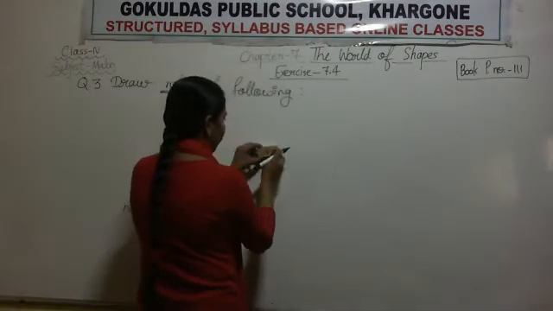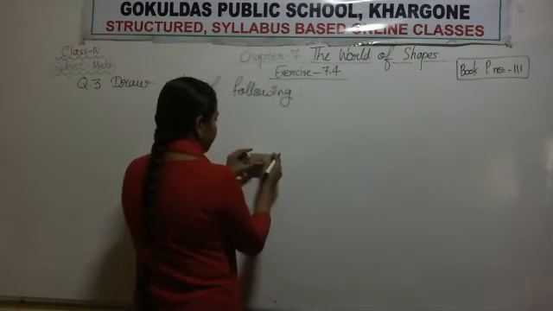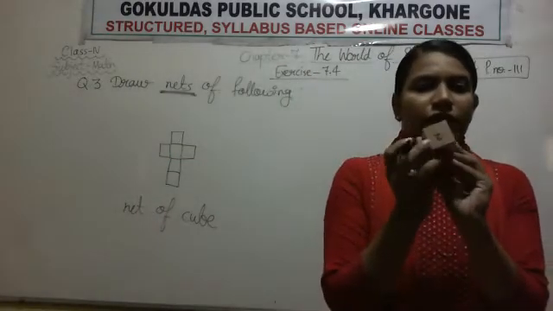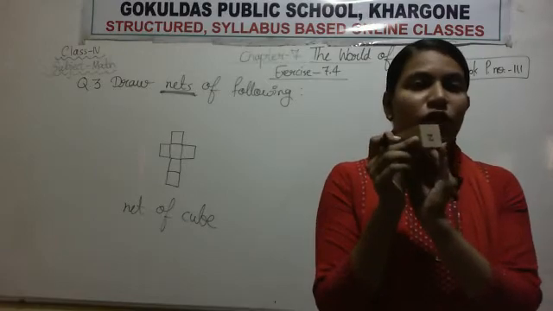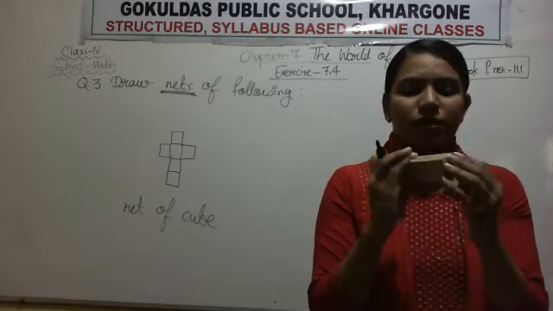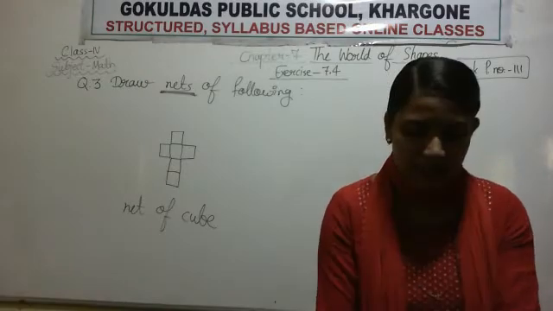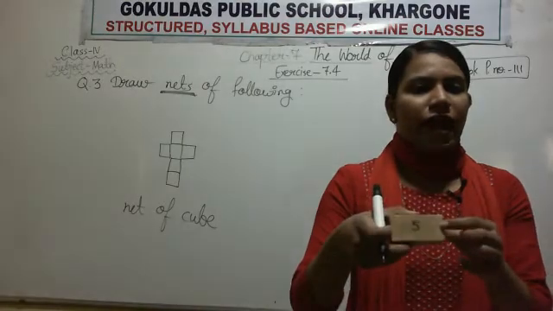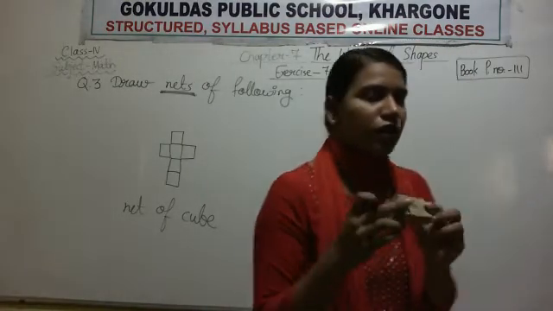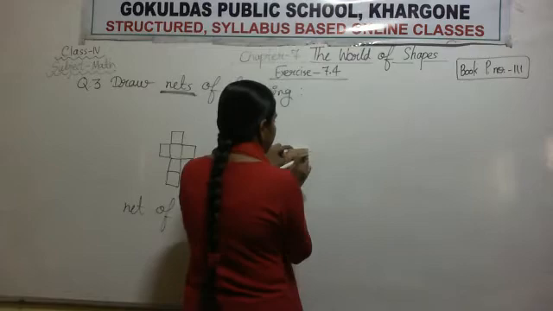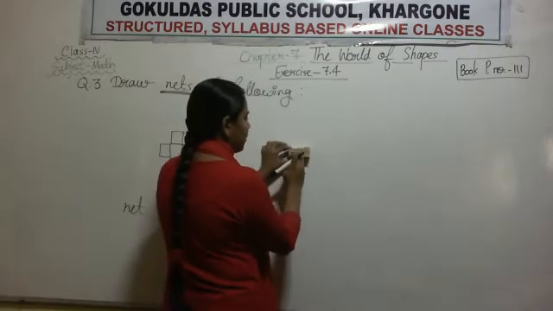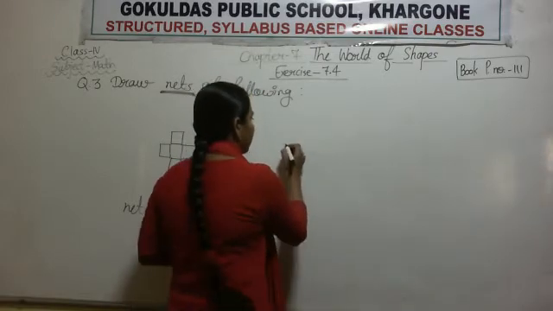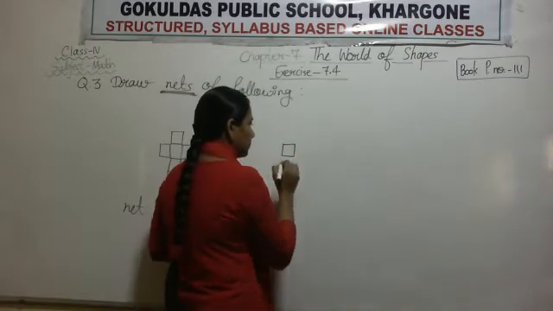See, face number 1 and face number 2 are of square shape, but face number 3, 4, 5 and 6 are rectangular. So when we open its faces, suppose I am opening its first face. First face is of square shape. So when we open it, it will be a square.